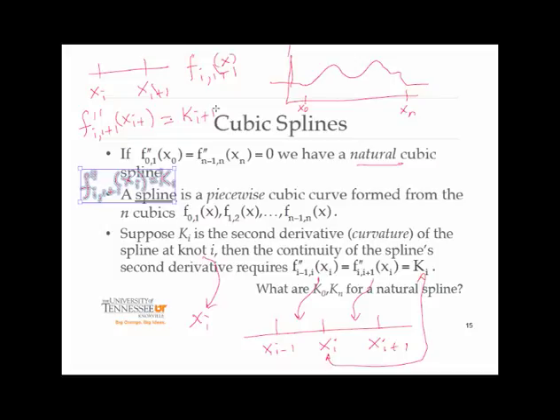So essentially what we have is an interpolation problem on that subinterval for the second derivative. It's just the constraints to get smoothness.